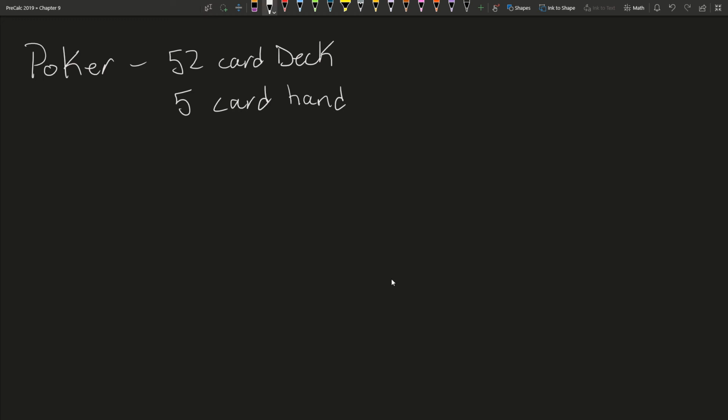So we would have 52, and we would want to choose 5 cards.